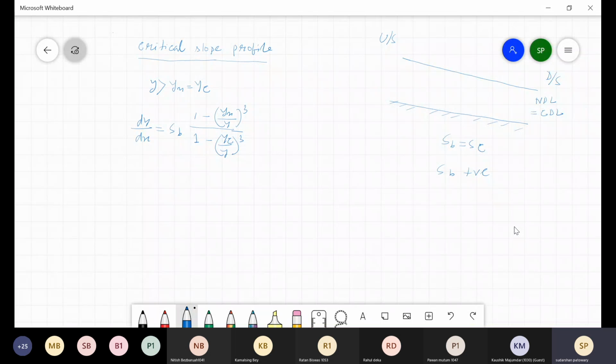So ultimately you get positive. If it is positive, then it is a rising profile. That means it will be like this. First condition, rising profile. Clear? Yes, sir.